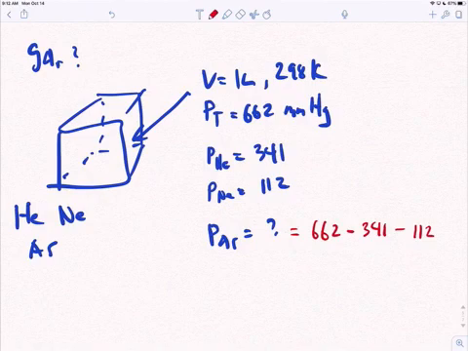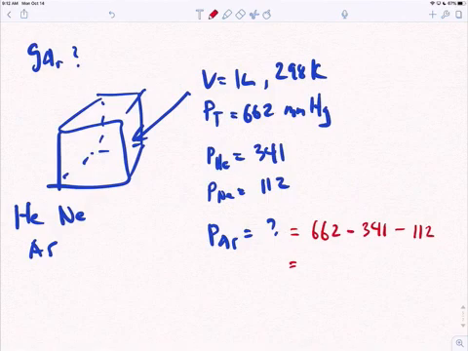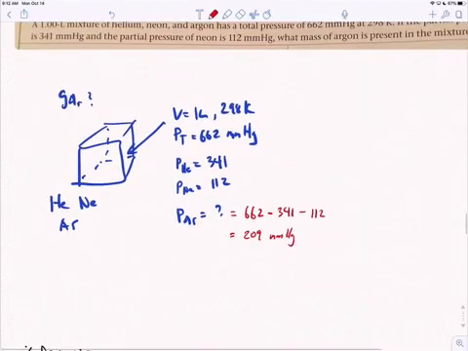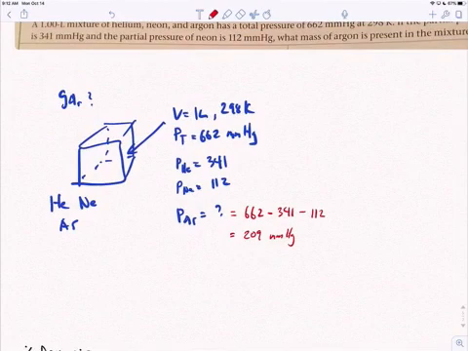So what is that? 662 minus 341 minus 112, that's 209. So that equals 209 millimeters of mercury. Okay, so now we need the mass of argon.